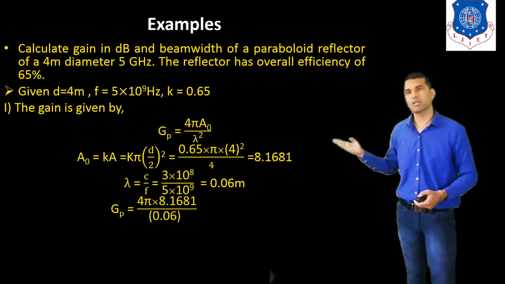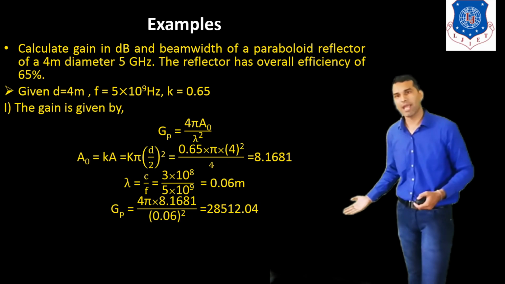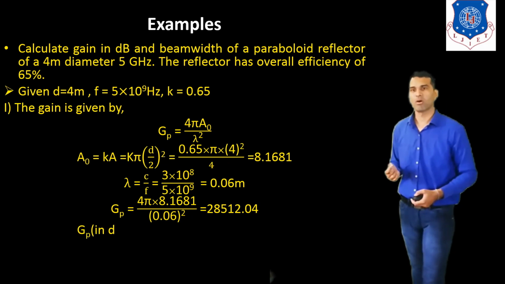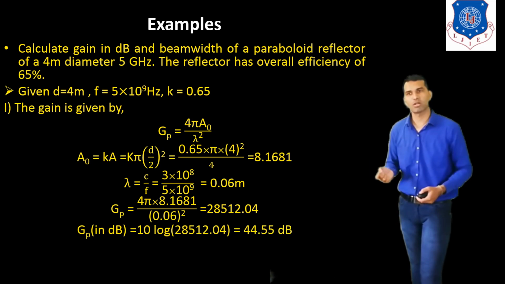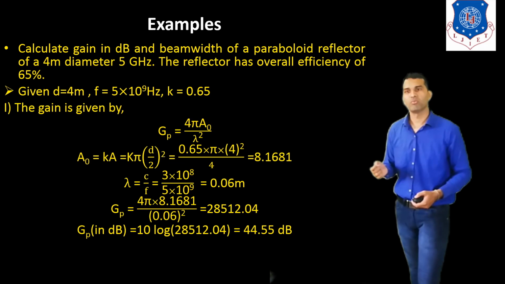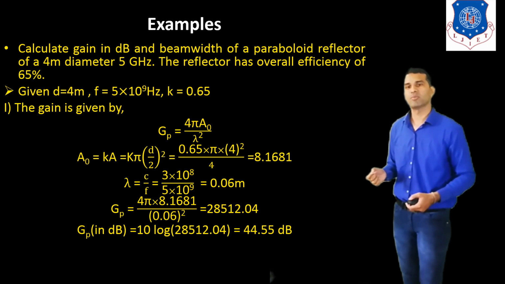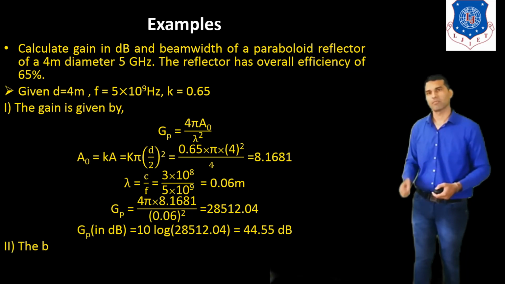By putting the values of lambda and A0, we get the gain equal to 281,204. Now we convert this gain into dB using the equation 10 log. So we get Gp equal to 44.55 dB. So this is the gain of the antenna.